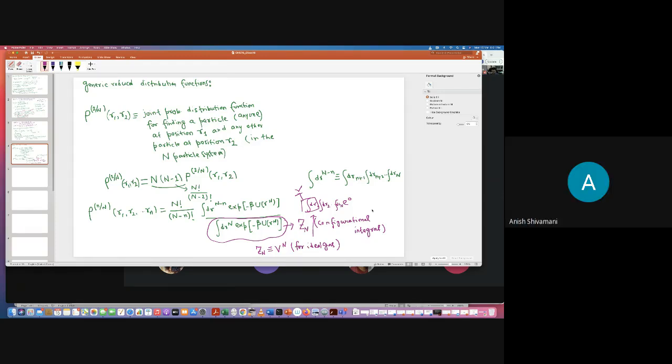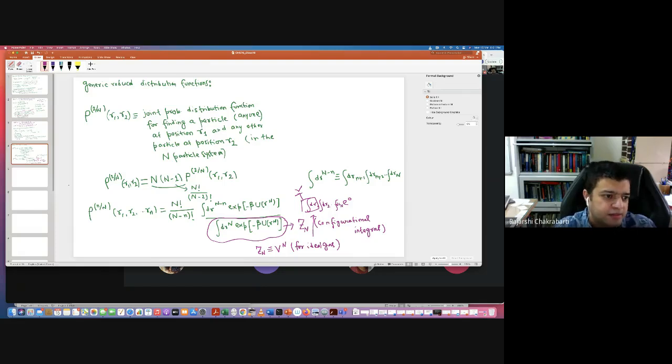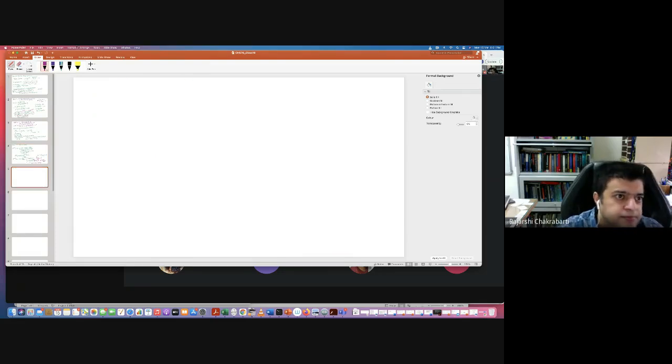So let me write down again. Your rho of small n divided by capital N is a function of how many coordinates?